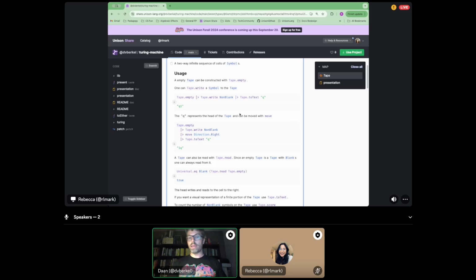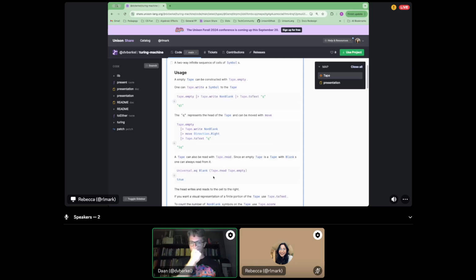And you can create an empty tape by calling the tape.empty term. And the interesting thing with a tape is that it has a head that can read the cell and write to the cells that it's in.